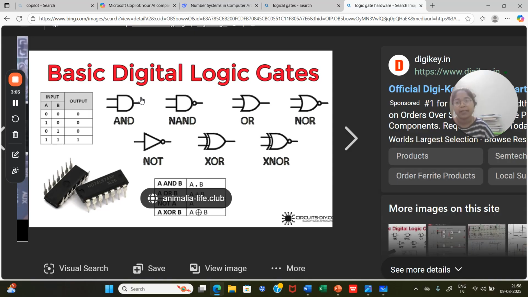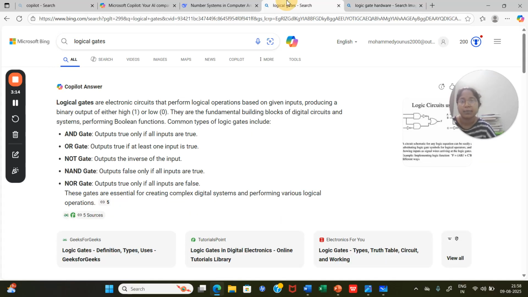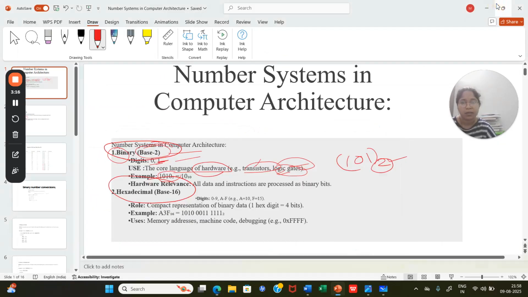Based on these numbers, we can tell whether it is an AND gate, NAND gate, OR gate, NOT gate, or XOR gate. So different gates have different numbers. These hardware parts are designed based on binary values only.